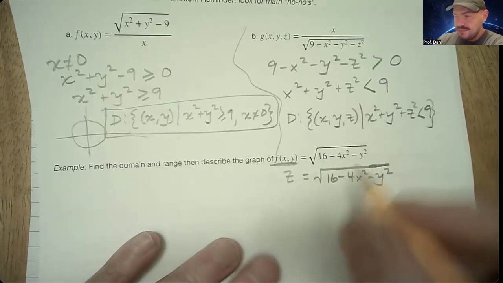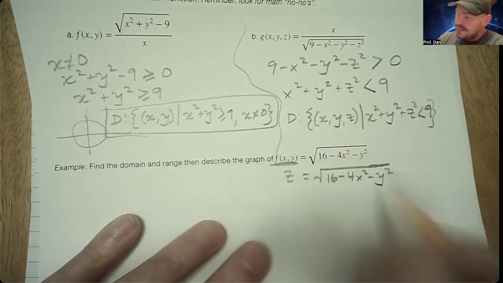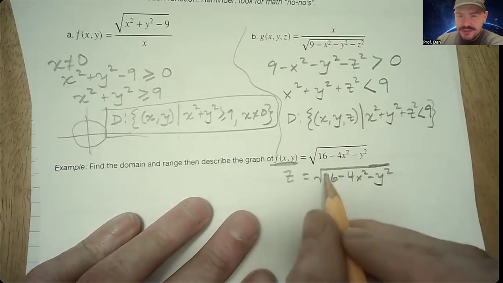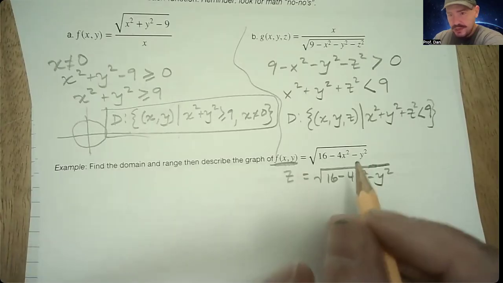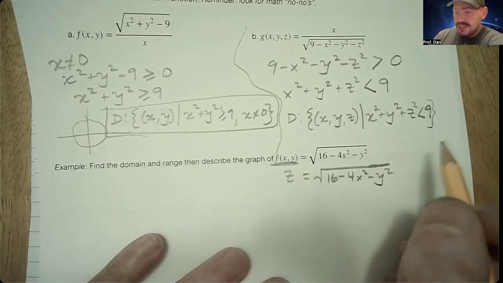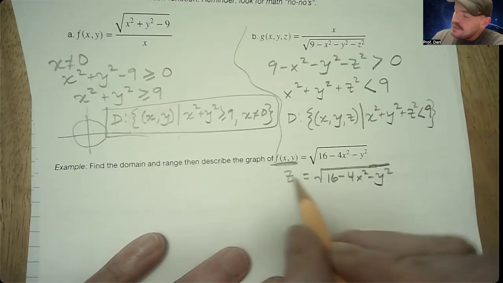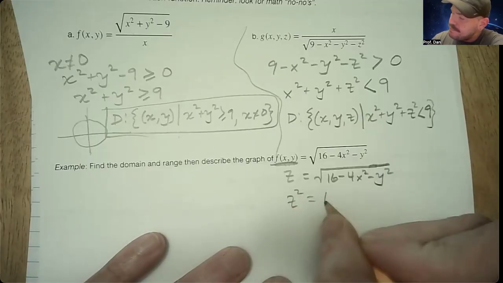That'll make more sense when we identify what shape this is. So to get this in more of a standard form, I would need to square both sides. That gets rid of this root, and I would end up having a z squared, which looks a lot like some of the stuff that we dealt with in section 11.6. So if I square both sides, this is where I am.